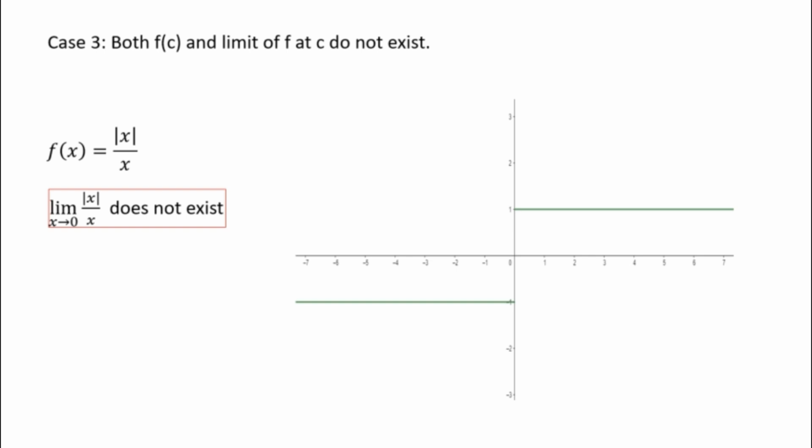If we evaluate this function at 0, obviously it's not going to exist because f of 0 equals 0 over 0, and 0 in the denominator simply means that the function is non-existent at that point. So the limit does not exist, as well as f of 0 does not exist. All right.